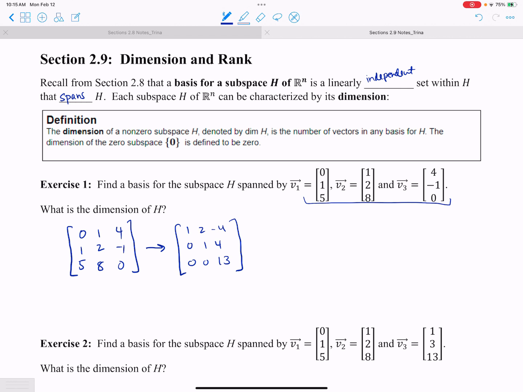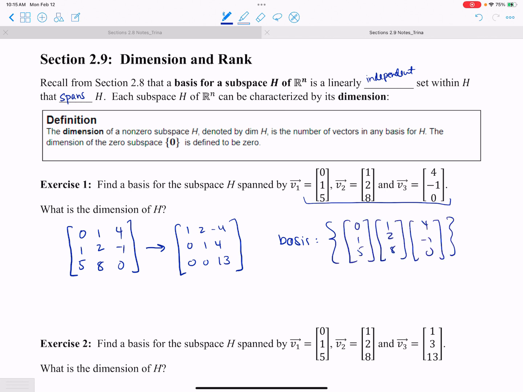While I'm row reducing, I see that I will have 3 pivots, which tells me that they will be linearly independent. So because all 3 of these are independent, all 3 of those will make up the basis. The basis for the subspace that is spanned by these 3 vectors is these 3 vectors themselves.